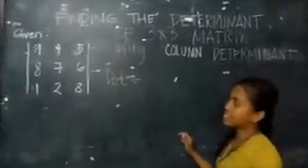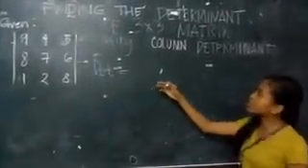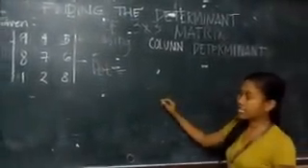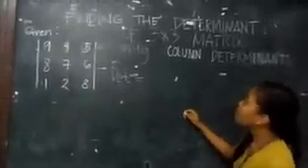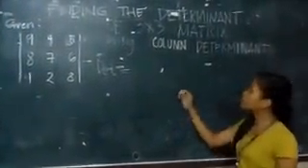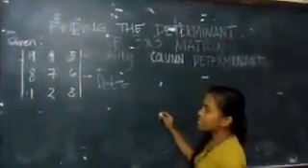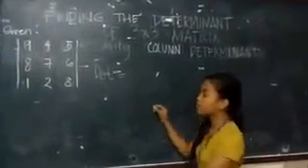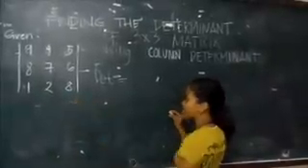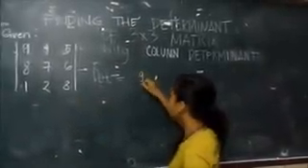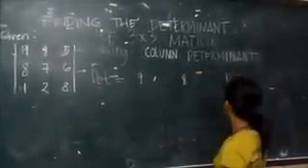As the discussant said a while ago, this is another set of matrix. But now I will be using the column determinant. To find its determinant, first we will get the principal minor of this matrix, which is 9, 8, and 1.